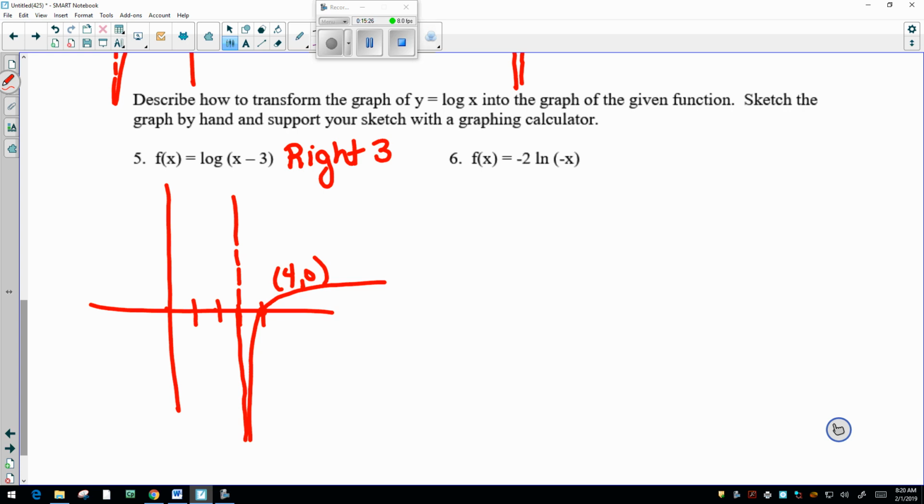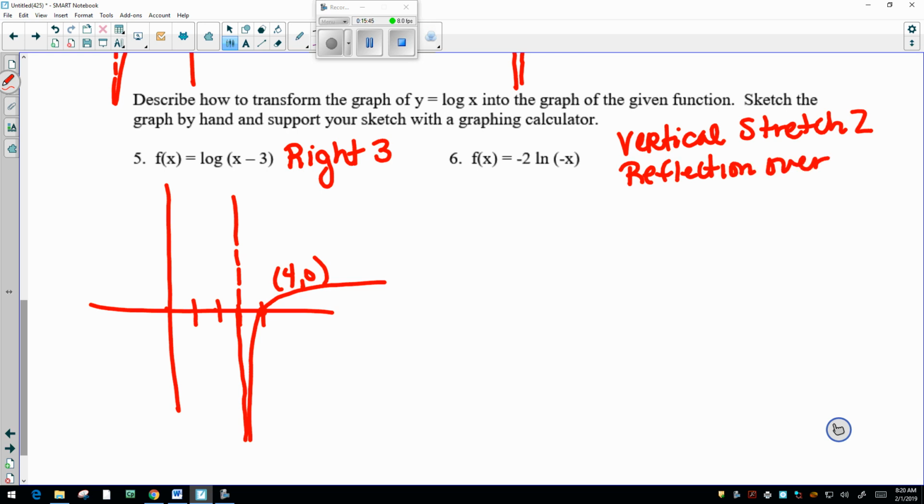Okay, this one's fun. So we get a vertical stretch, oops, I should say stretch in there. We have a reflection over both axes.